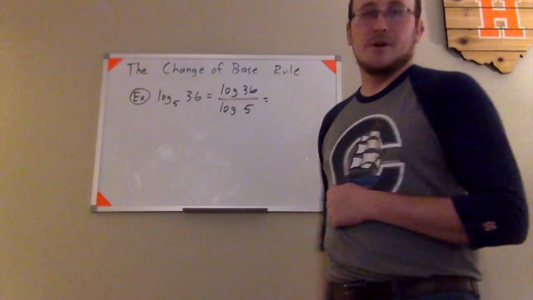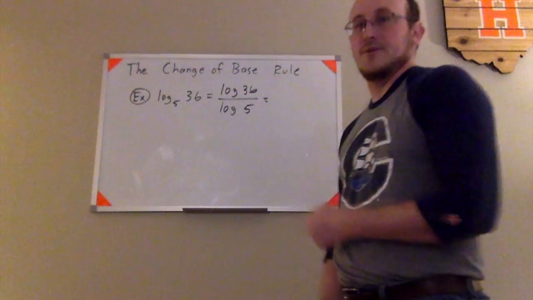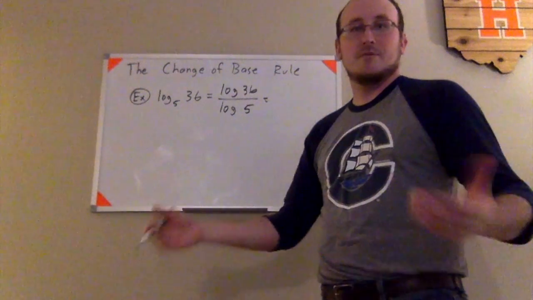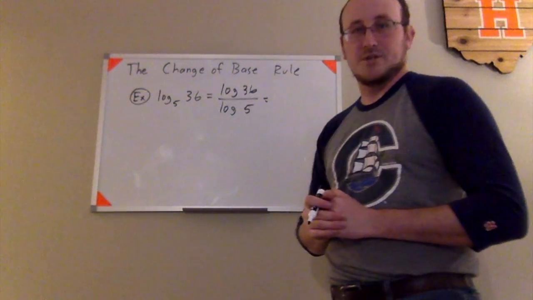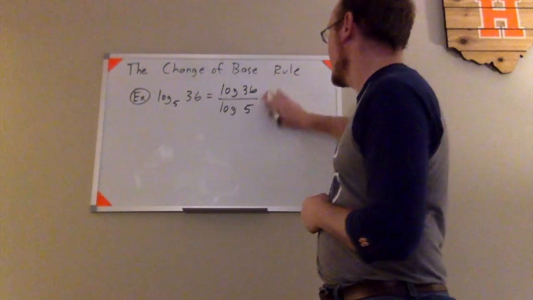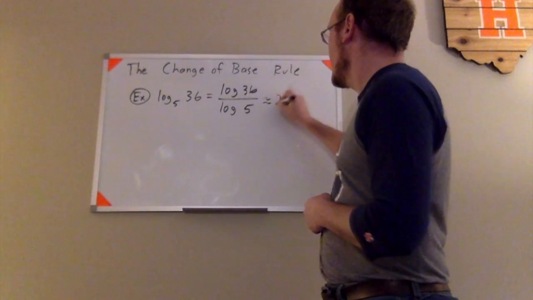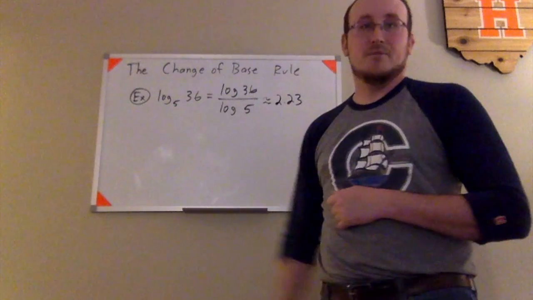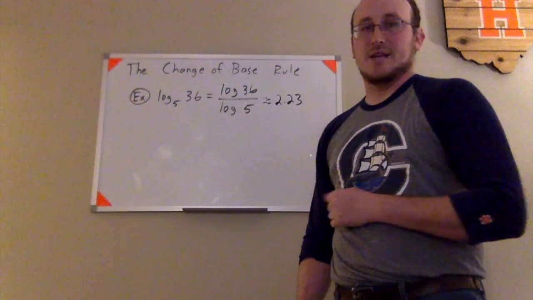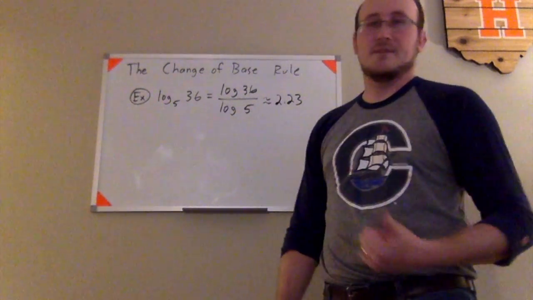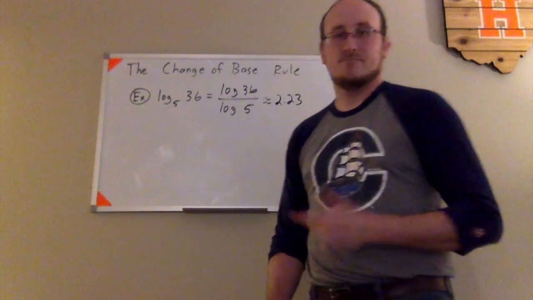And at that point, I would want to go to my calculator and just compute log of 36 divided by log of 5 and round to whatever amount of decimal places the direction specified. I think this is approximately 2.23 if I remember right. Again, I'm not going to show how to put that in the calculator in this video. I've already done that in a previous video. If you have questions, let me know.